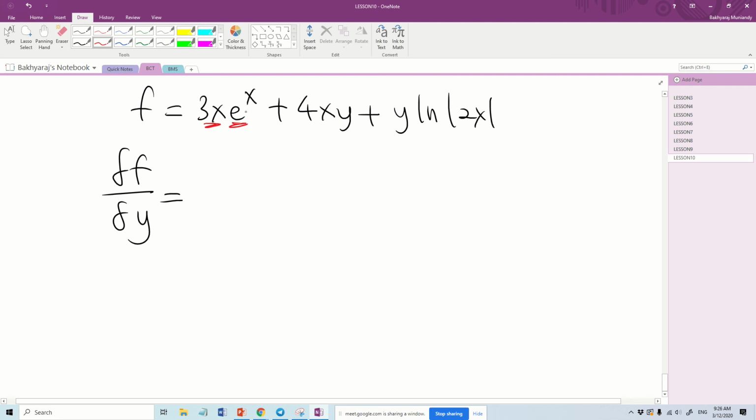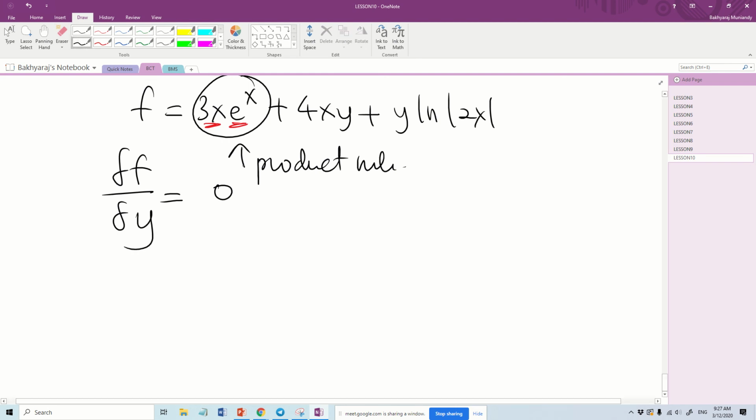If we differentiate with respect to x, we must use the product rule, but in my case I don't have this problem because I differentiate with respect to y.